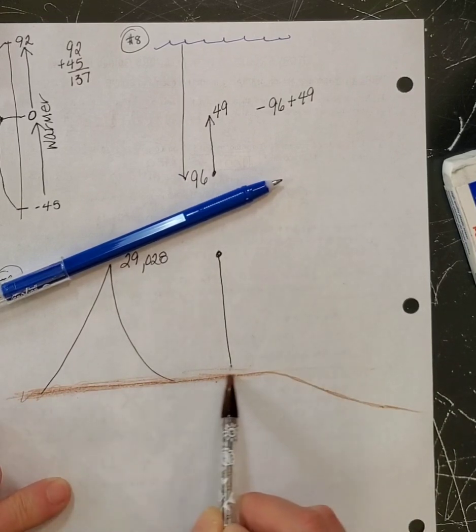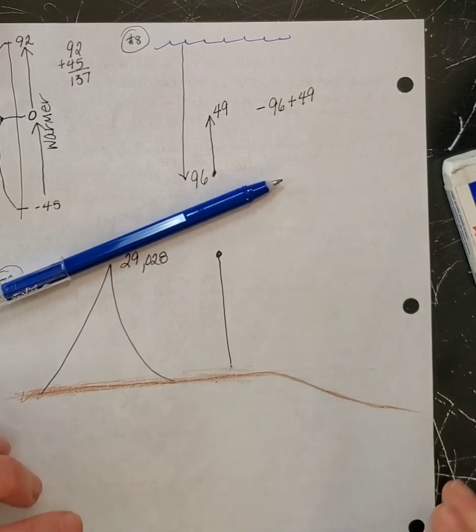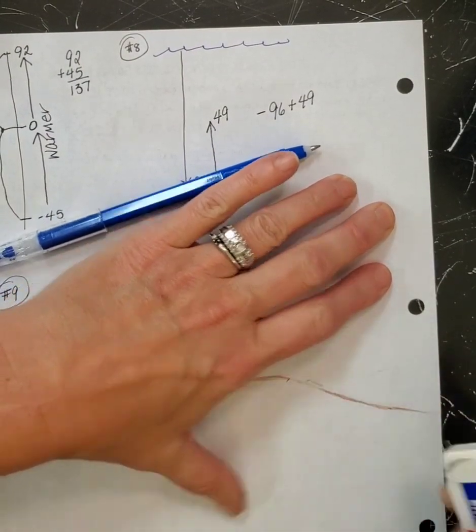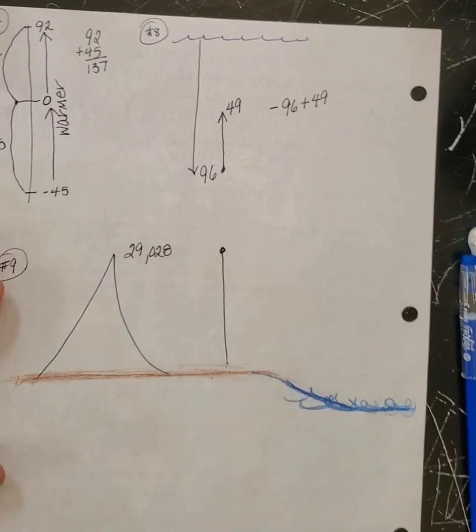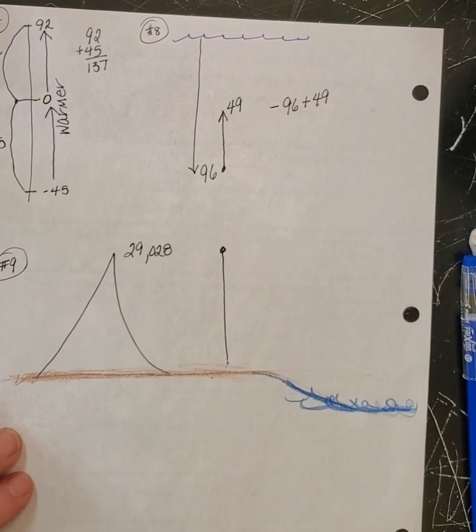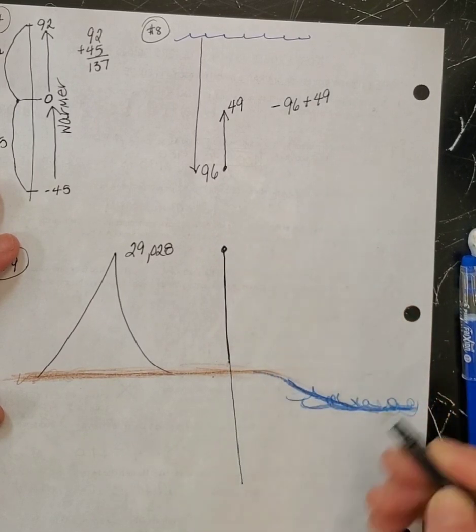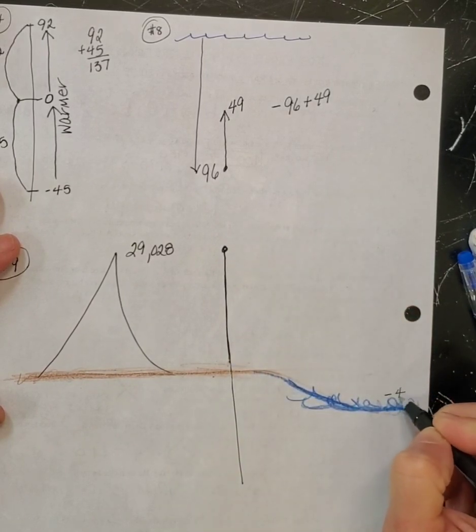Okay, so here's sea level. Give me a second. Okay, so here's sea level. So when I draw my numbers right here, here's the Dead Sea, it's at negative 485.